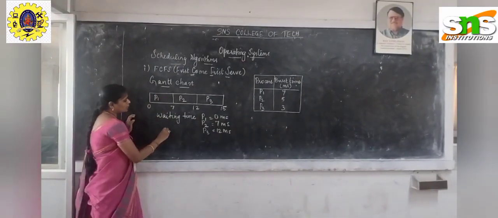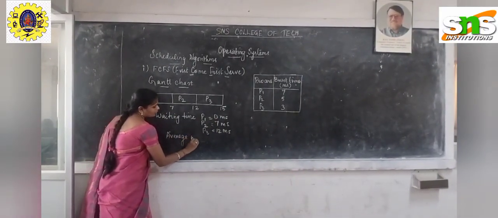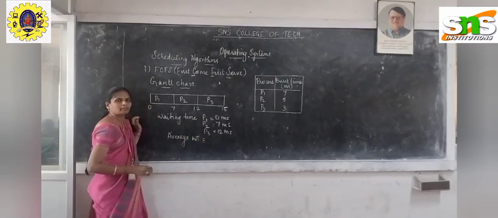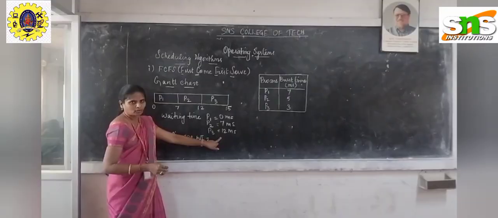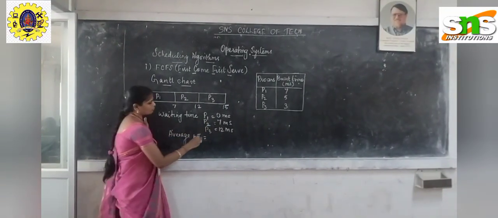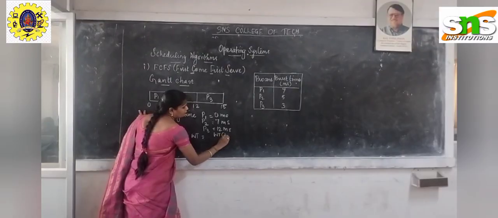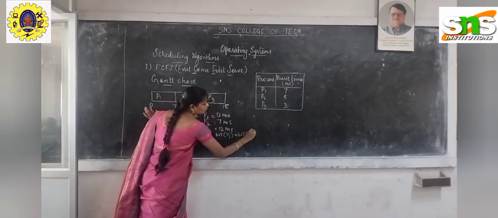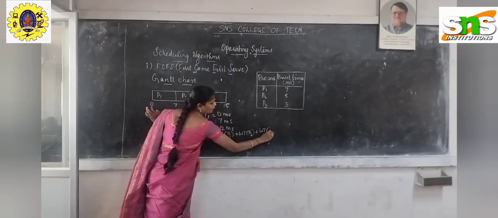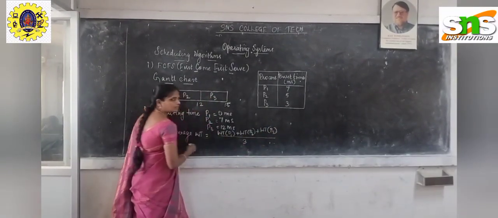Now computing the average waiting time. The average waiting time is computed by adding all the waiting times of the processes divided by the number of processes. So the waiting time of P1 plus P2 plus P3, divided by the number of processes, 3.